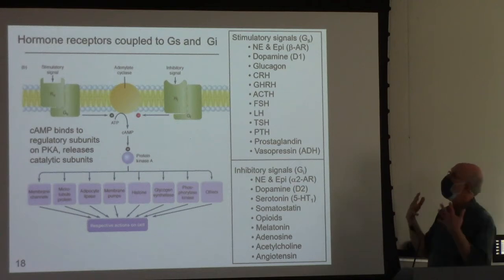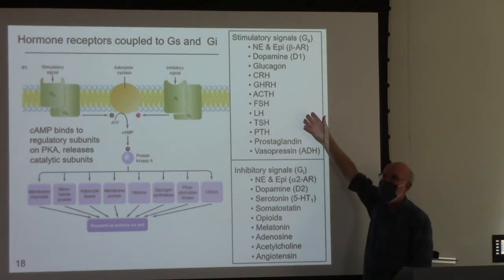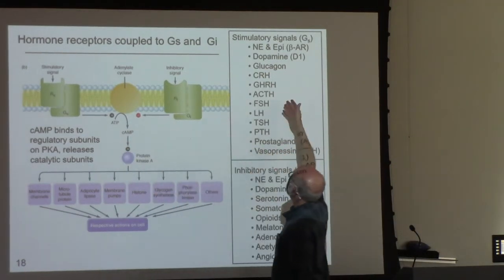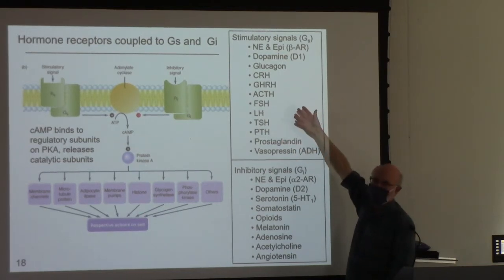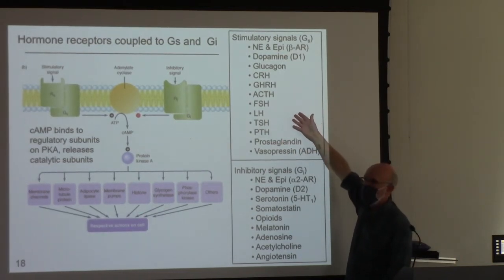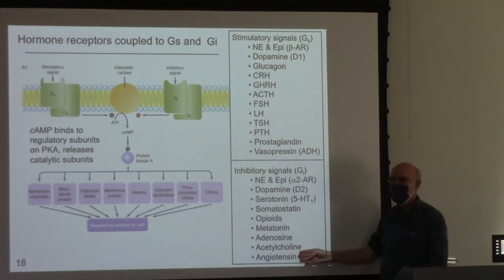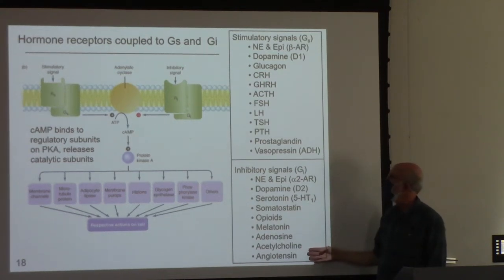Questions about the GPCRs? You can see we're covering a lot of our hormone receptors, but if you understand the GS story, you understand the cellular effects of a whole bunch of hormones. If you understand GI, you understand the molecular mechanisms for a whole bunch more hormones.